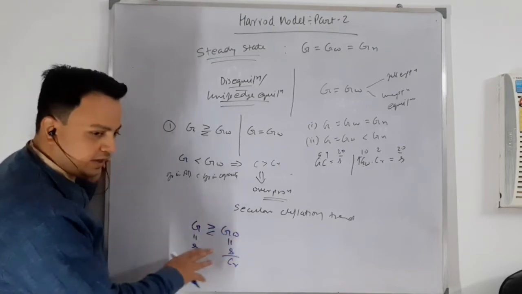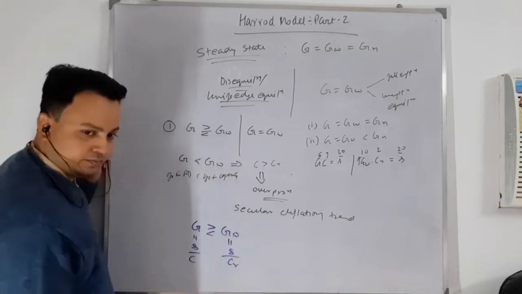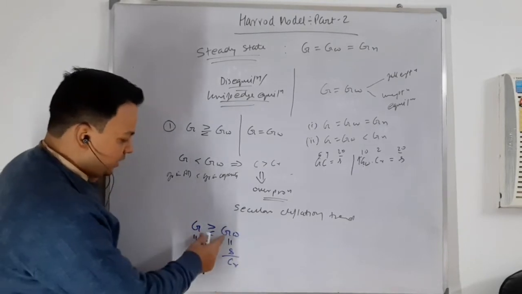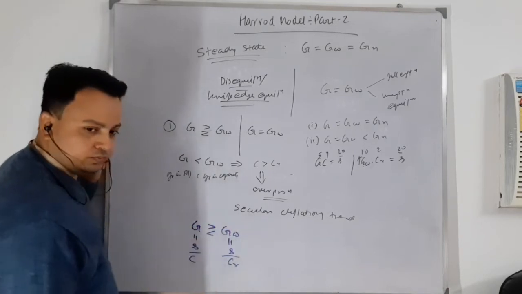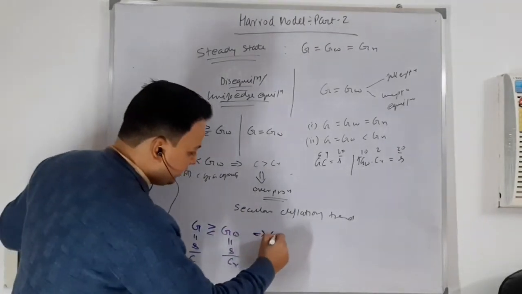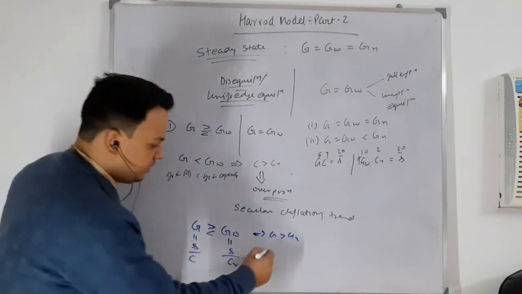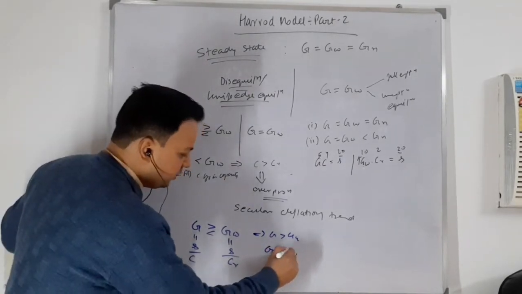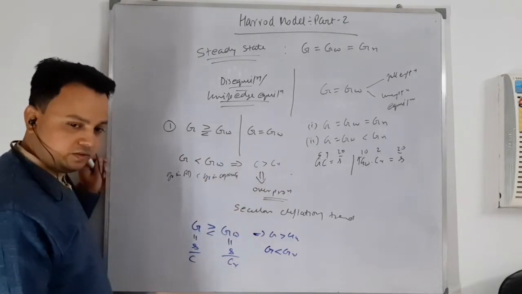So there is no mechanism within the model that, if both growth rates deviate, can equate them. If G is greater than GW, then in every time period we will find that G is greater than GW and the economy will have an inflationary trend in every period. If G is less than GW, then in every period the economy has a deflationary trend.